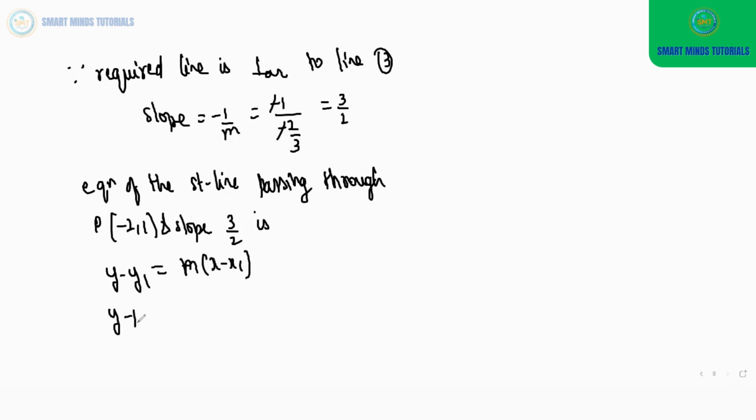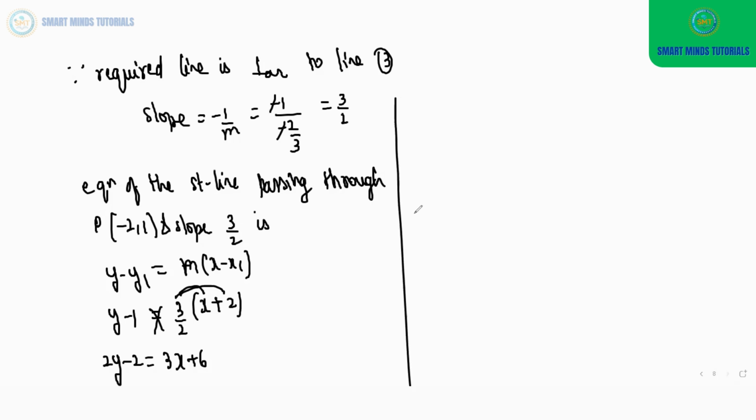So y minus 1 is equal to m, we take it as 3 by 2, into x plus 2. Now cross multiply, you get 2y minus 2 is equal to, multiply 3 inside, we get 3x plus 6. So 3x minus 2y plus 8 is equal to 0. This is the final answer.